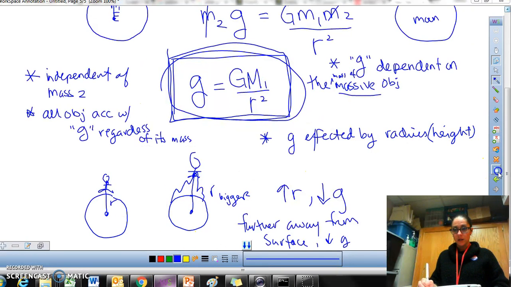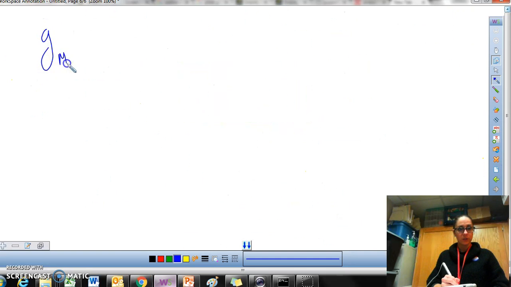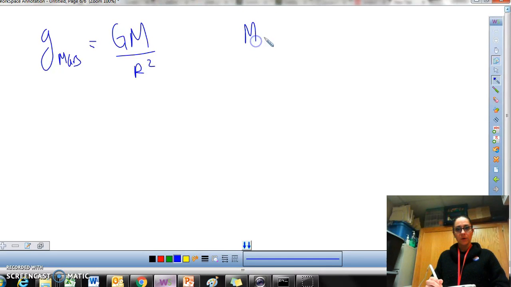So let's get a new page. g of Mars is going to be capital M over R squared. So M of Mars is going to be 6.41 times 10 to the 23 kilograms.